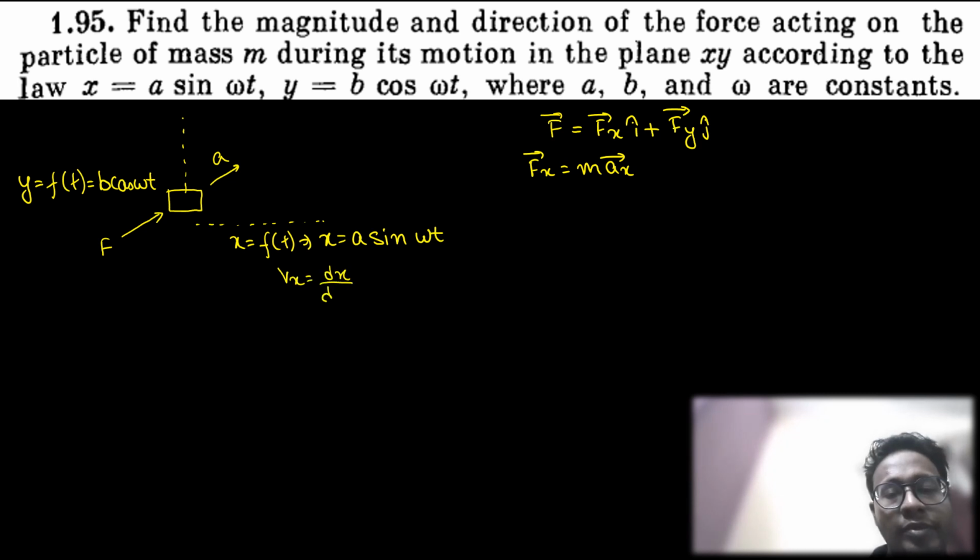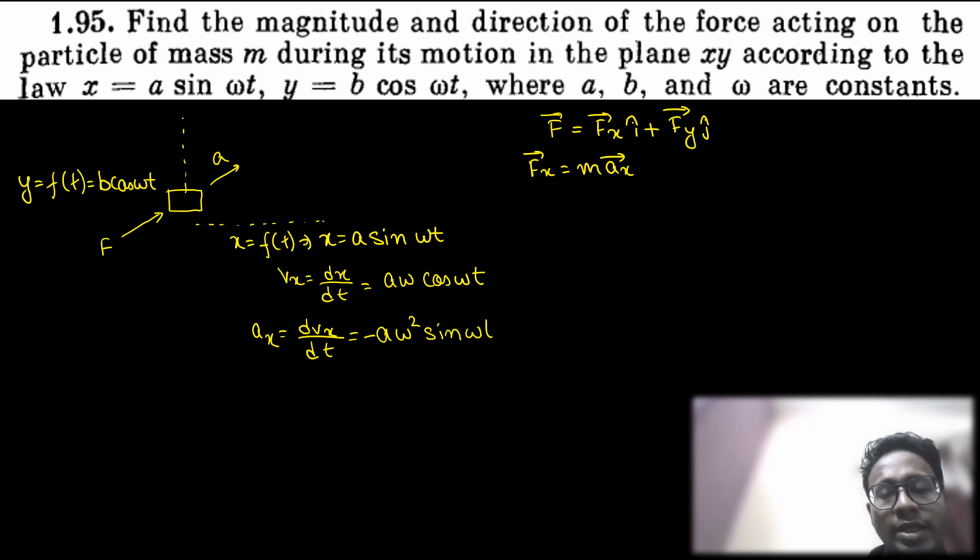That is a omega cos omega t. Acceleration is the rate of change of velocity, so acceleration in x component is dvx by dt, which is minus a omega square sine omega t.